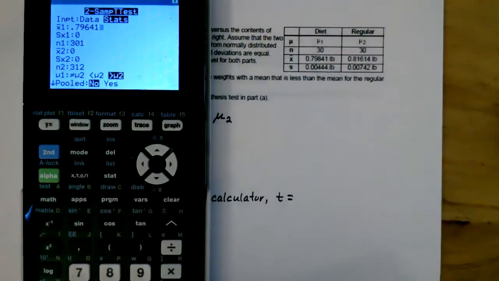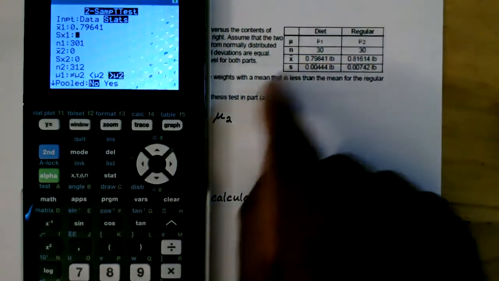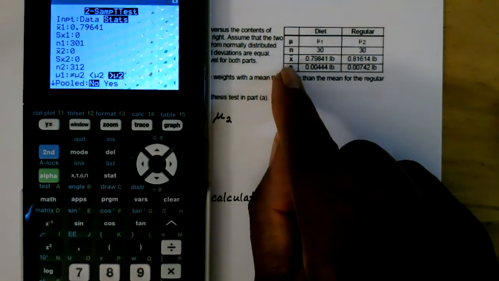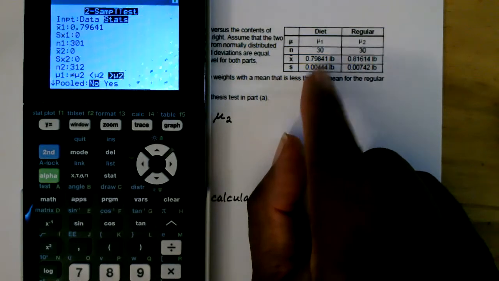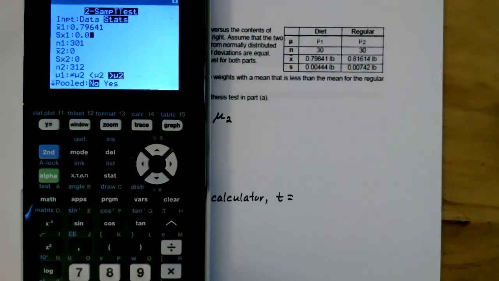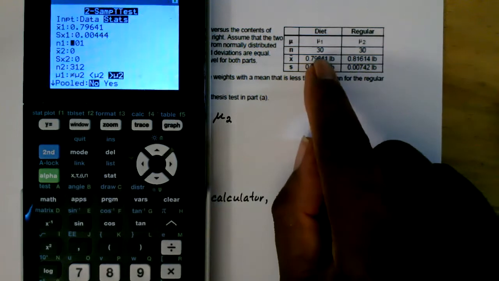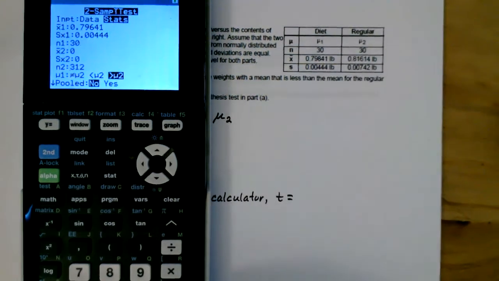Sx1, that's your standard deviation, is this number right here, 0.00444. And then go to n1 after pressing enter. n1 is going to be 30.